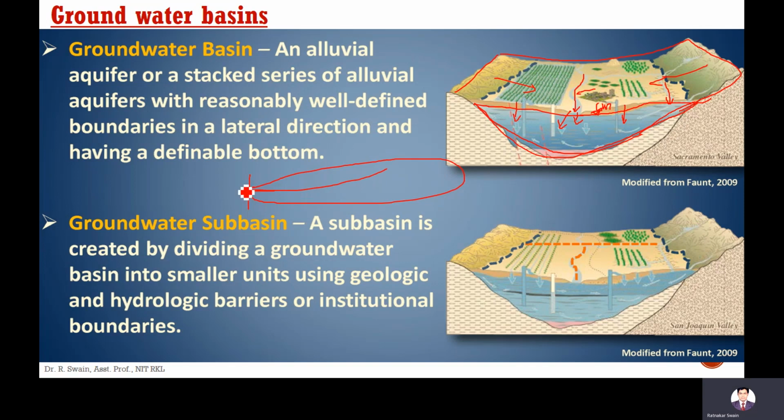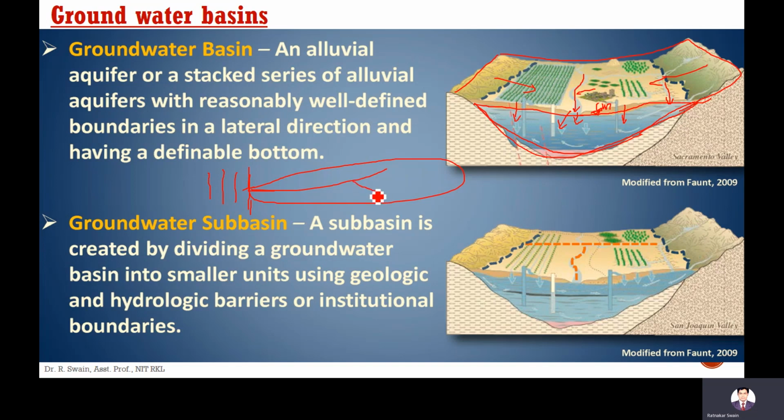Then this river may be joining the sea, like here the Mahanadi River and Ramani River, they are joining the Bay of Bengal. So here a subbasin means a part of the whole basin.